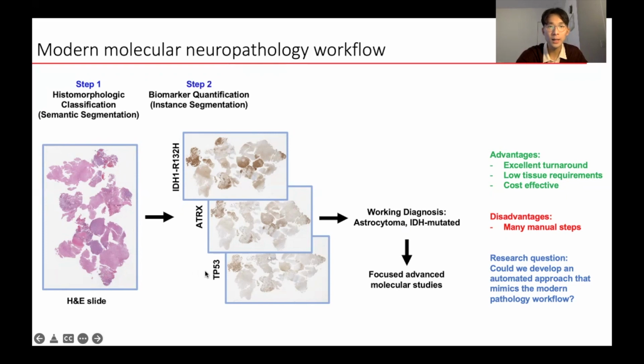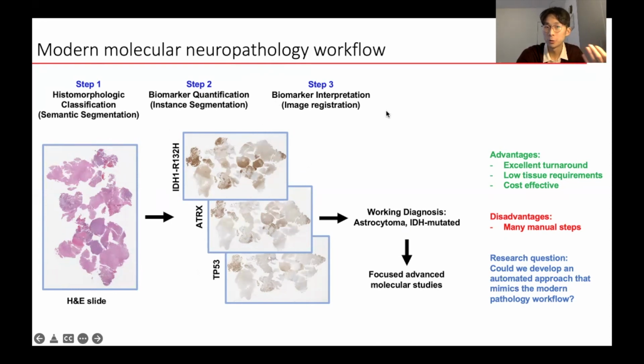presentation. The second step is biomarker quantification. And again, this requires quantifying biomarkers, which in this case, essentially these molecular markers that we would order after looking at the H&E stained whole slide images. The third step is integrating both the results from step 1 and step 2.